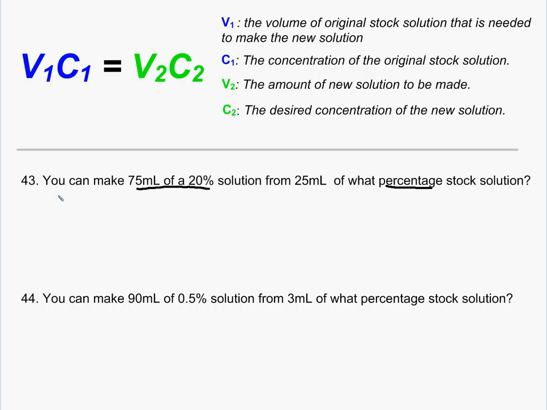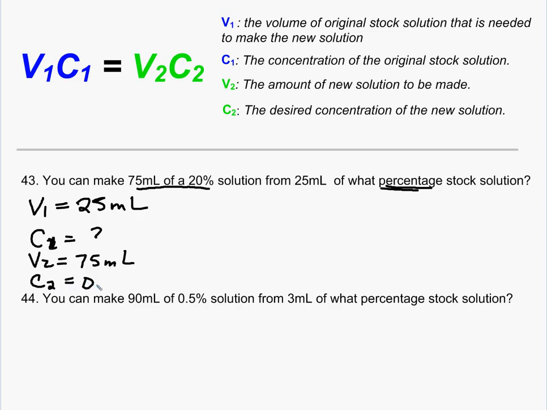We're looking at, yeah, so we have a volume of our stock solution is 25 milliliters. But this time we're looking at the percentage of stock solution. So this time our unknown is the C1. But we're given that we have 75 milliliters of our new solution, and the concentration of our new solution is 0.20.